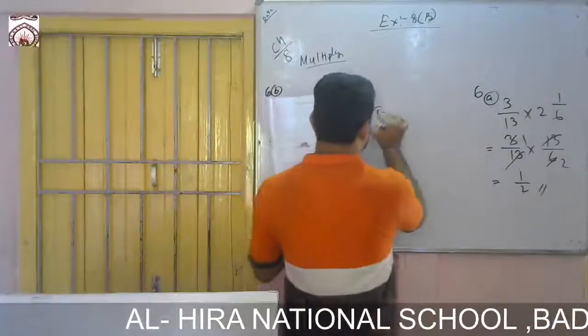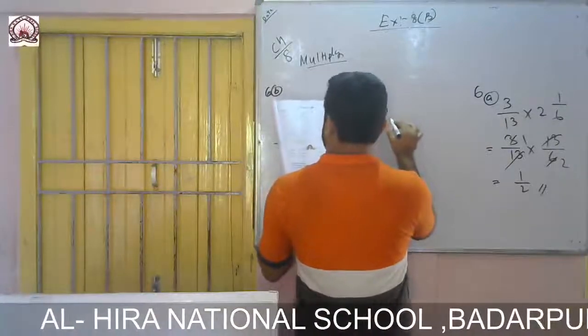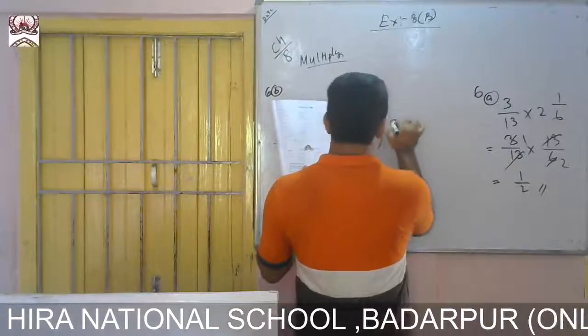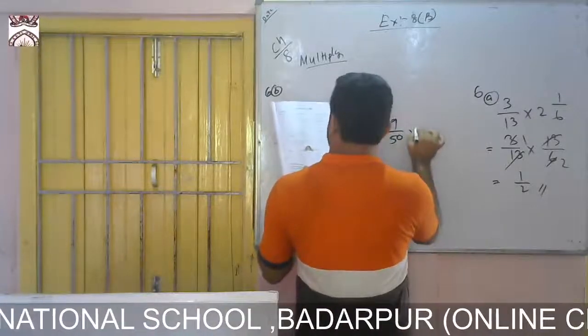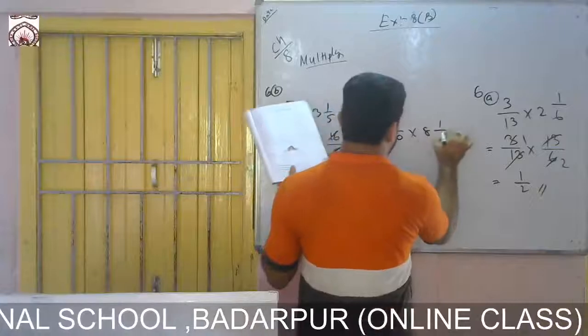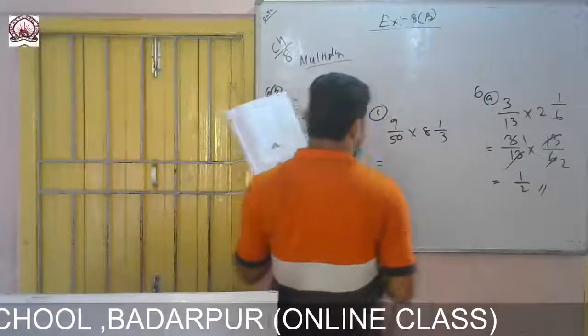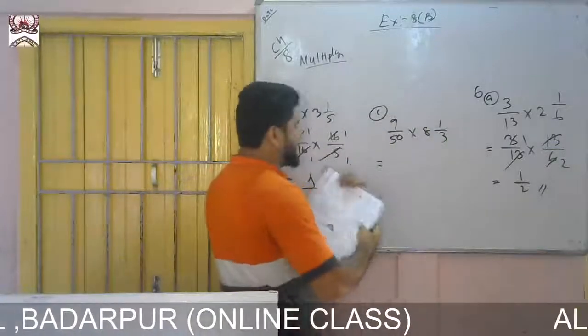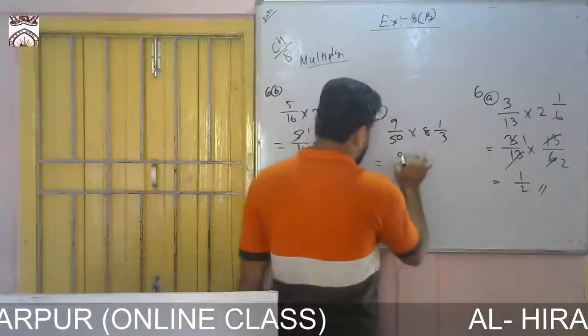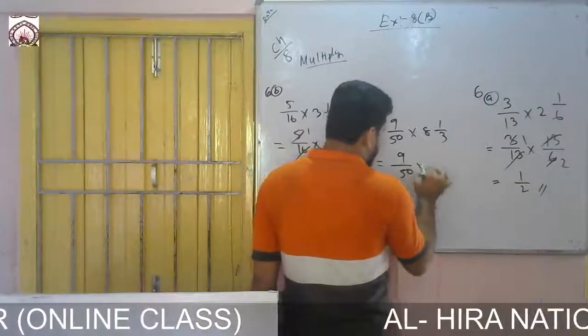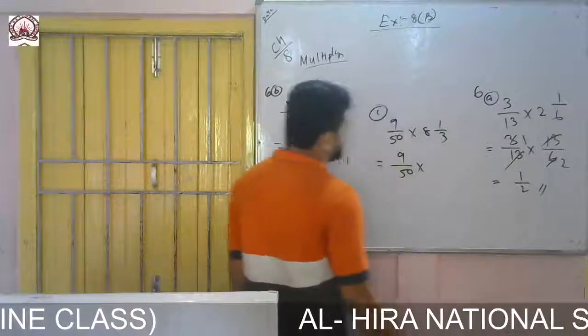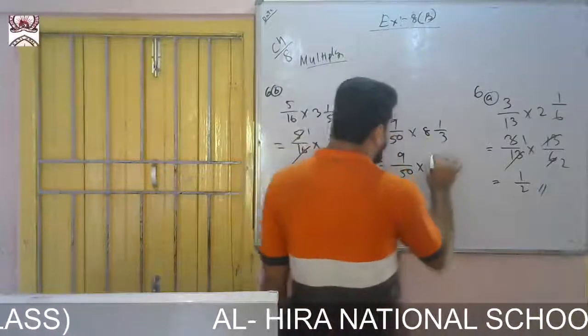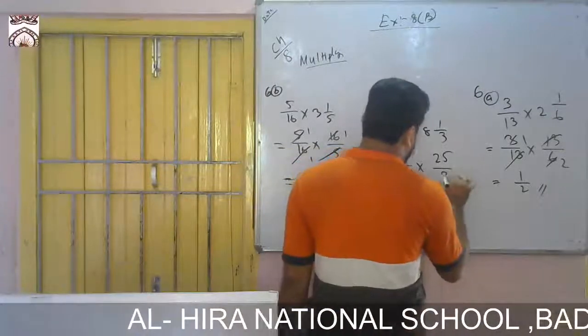Now come to C. What is there? C, 9 by 50 into 8 1 by 3. So 9 by 50 into 8 3 jar 24 and 1 25, 25 by 3.